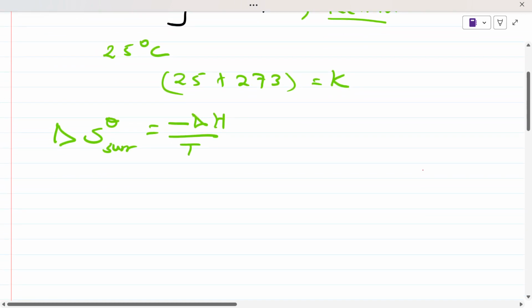Now, I'm going to give you an example of a reaction, and you're going to see how we can calculate its entropy.